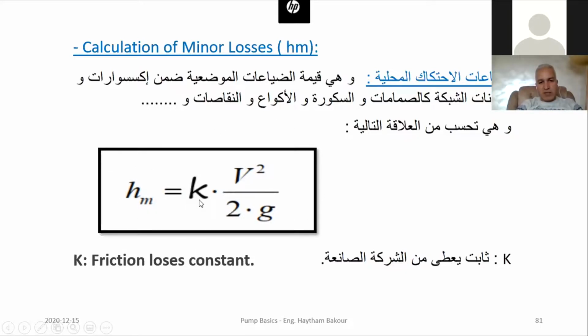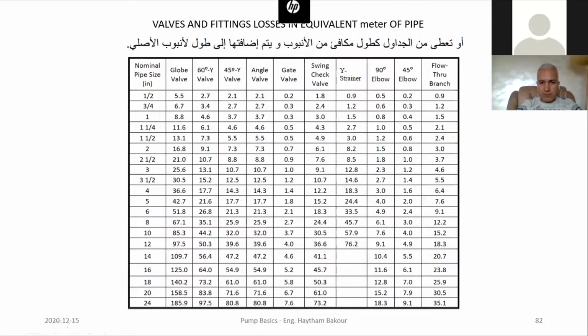So for those minor losses, Hm equals K, which is a friction losses constant provided by the manufacturing company, multiplied by V, the speed, squared, divided by 2 multiplied by gravity. The result, Hm, would be in meters, so it is 1 meter of water. It should be provided by the manufacturing company.